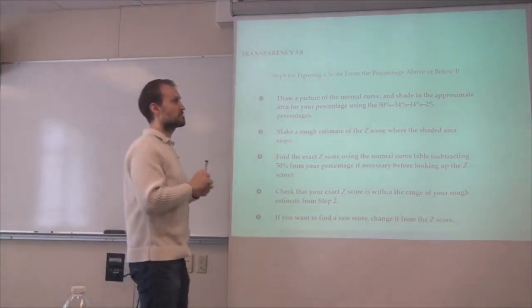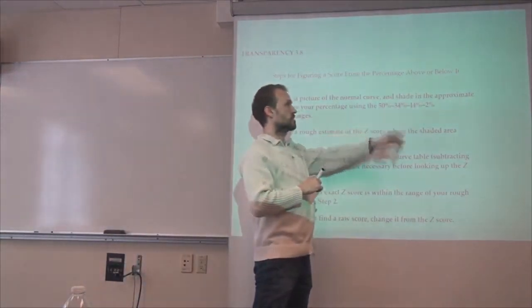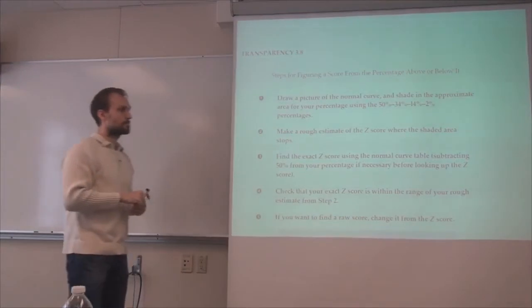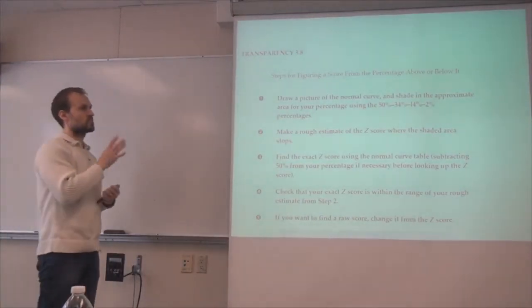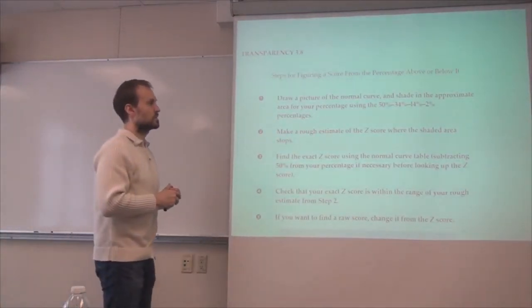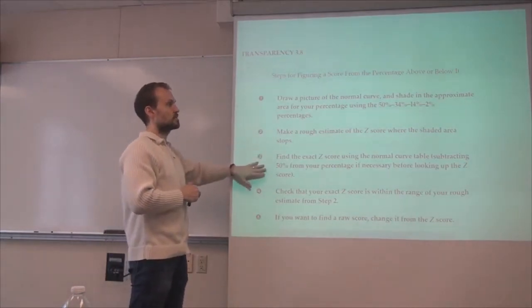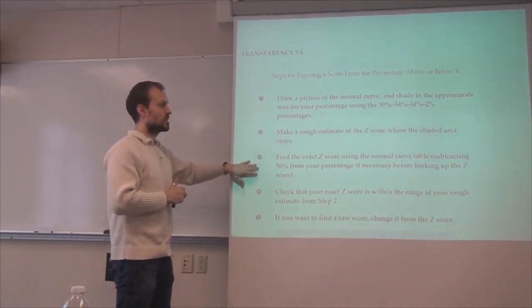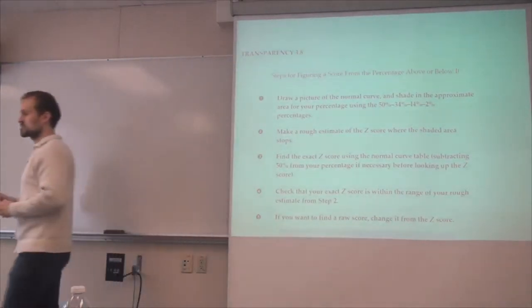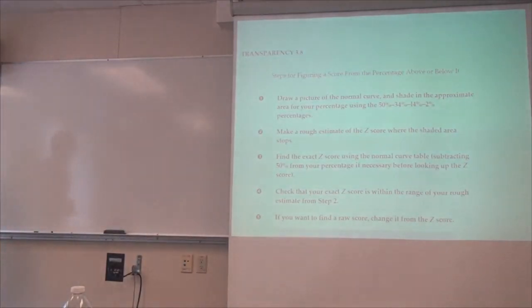Where do I expect it to sit using the 34, 14, and 2 rule of thumb? And then make a rough guess. What do I think the z-score should be? Then I can use the table to find the exact z-score related back to the actual score, if I'm given that. So let's just make some examples.